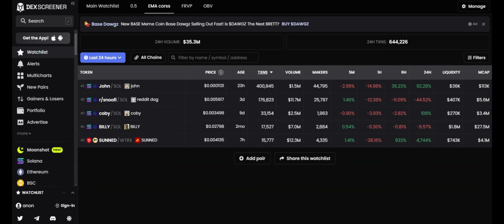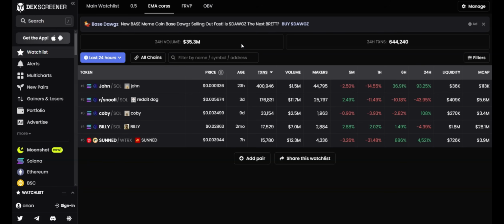So this makes it more sensitive to any change in price data, and then in theory makes the EMA better for understanding in which direction the price may head. Okay, so that's basically what the EMA is.